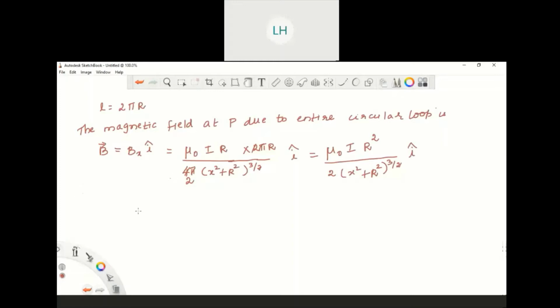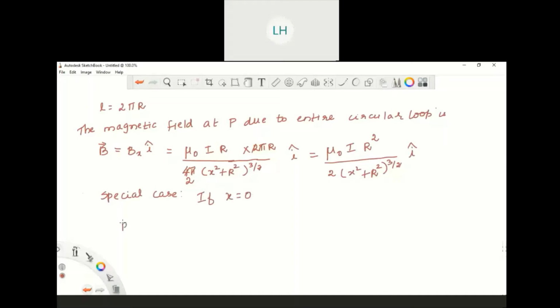Now, we are going to do one more special case here, children, which is very interesting. We are going to find the field if the value of x is equal to 0. So this is the special case. If x is equal to 0, so at the center, what will be the magnetic field?